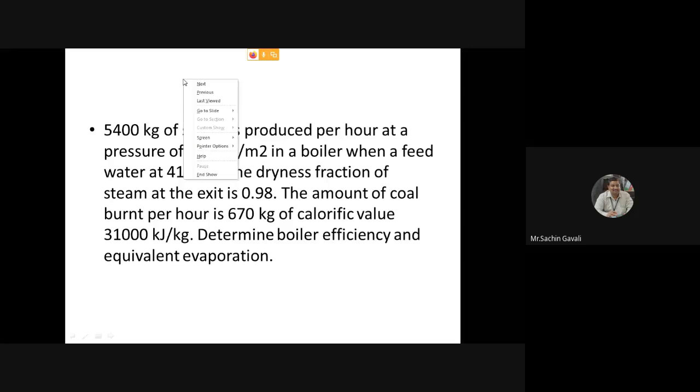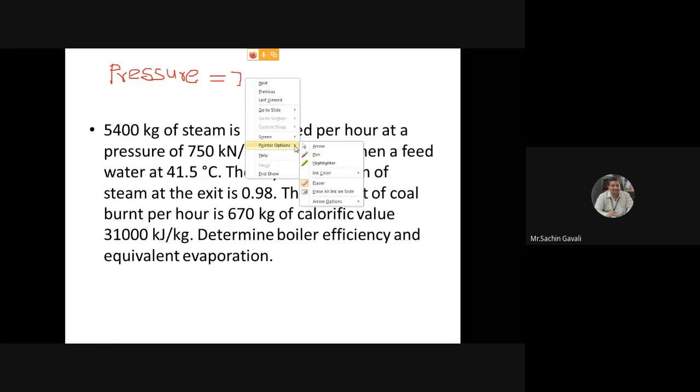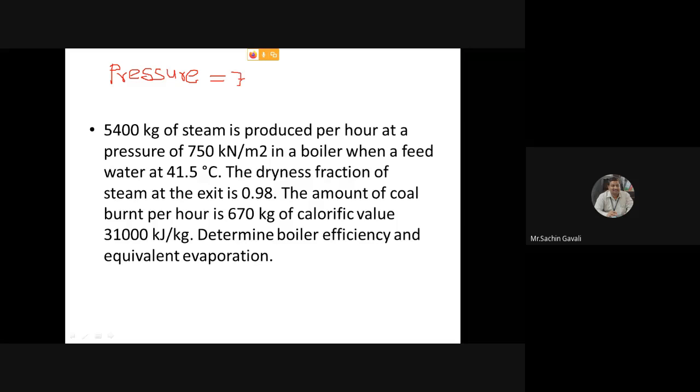Pressure of steam is how much given? 750 kilonewton per meter square.